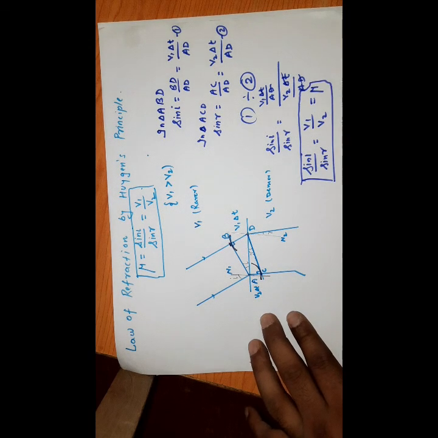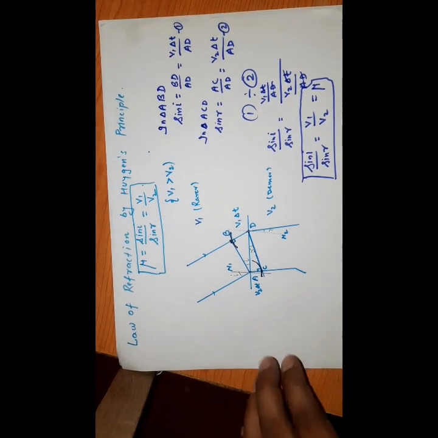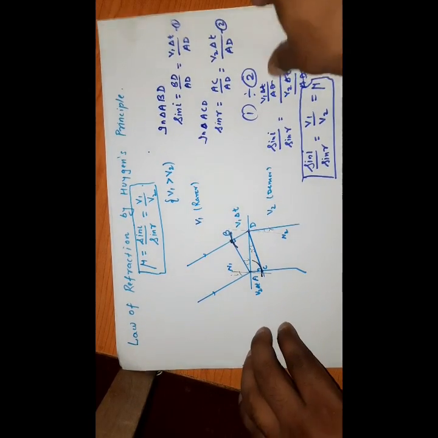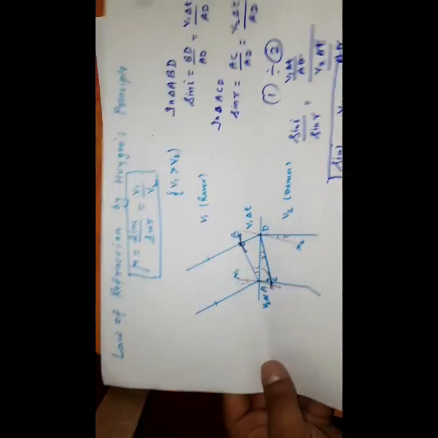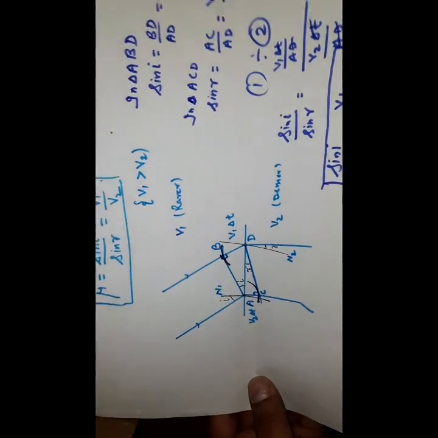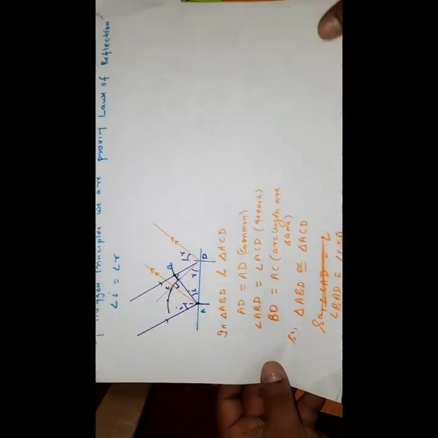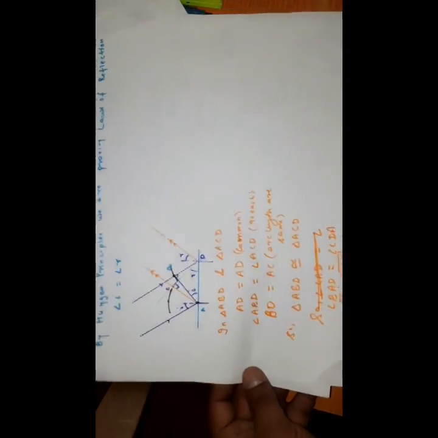So this is the proof of Snell's law. So in this way we are proving the law of reflection and the law of refraction. So this is refraction and that is our reflection. So these two laws we are proving. Stay tuned. We'll give the next lecture tomorrow. Thank you.